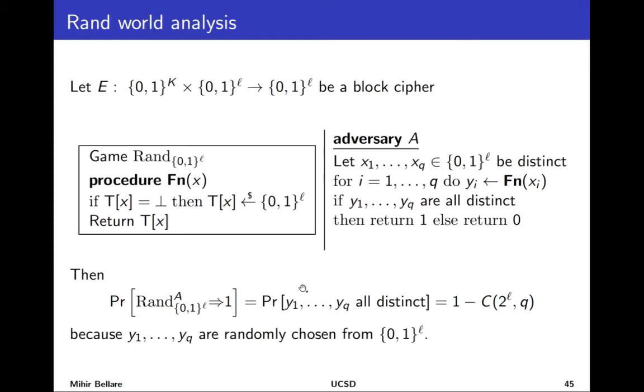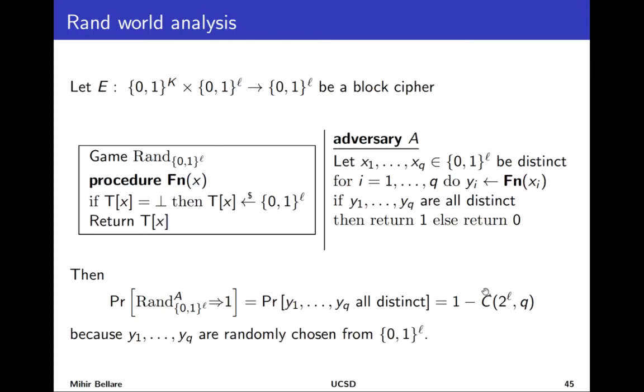But the observation to make now is that these are being drawn from a set whose size is 2 to the power L. There are 2 to the power L bit strings. The question of whether they're all distinct is the opposite of whether two of them are the same, that you have a collision.